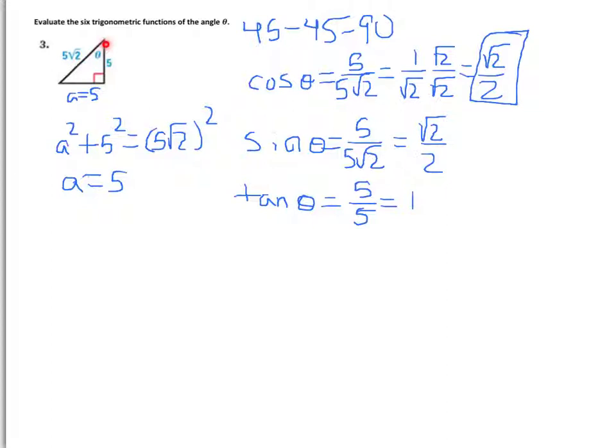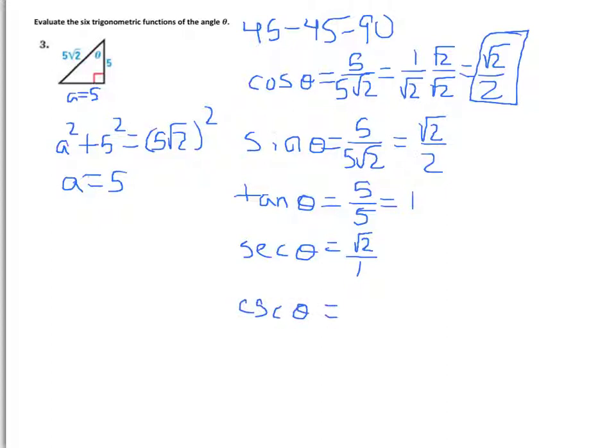Alright, so secant. Well, secant is the reciprocal of cosine. Well, I'm going to go right here, because I don't want to do before or after I simplify, because that moves things back to the bottom. So if I just do the reciprocal of this, what do I get? Square root 2 over 1. Cosecant is the reciprocal of sine.